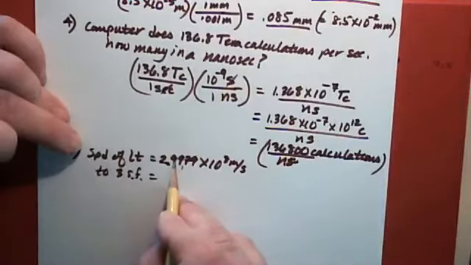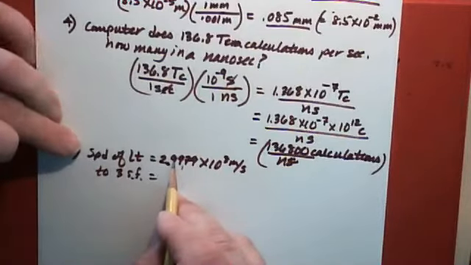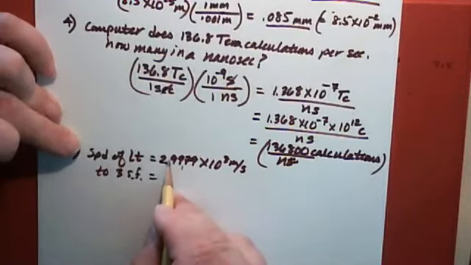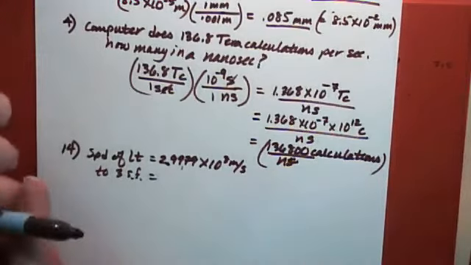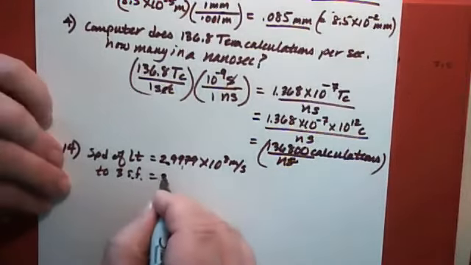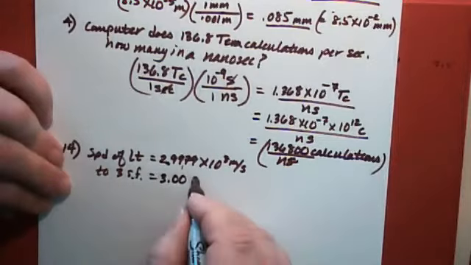But that's 9, so that goes up to 10. The number before it goes up by 1, but that's 9, that goes up to 10. And the number before that has to go up to 1. So 2.9979 to 3 significant figures is actually 3.00.